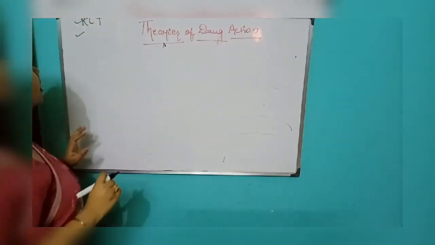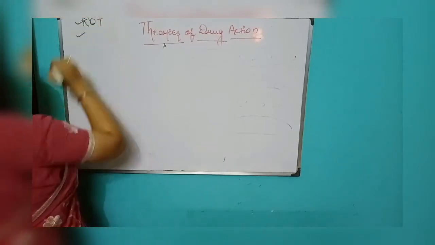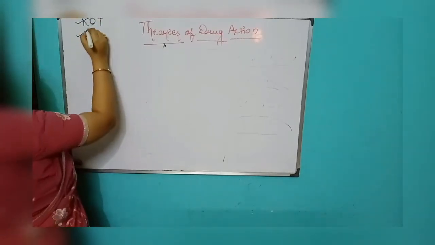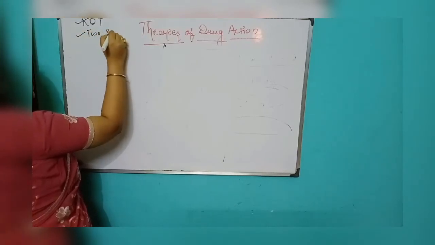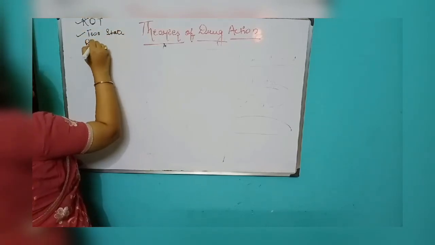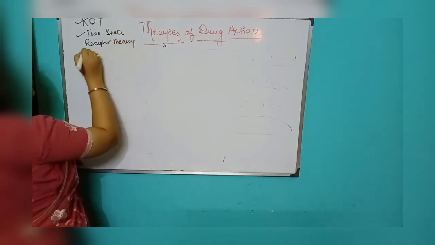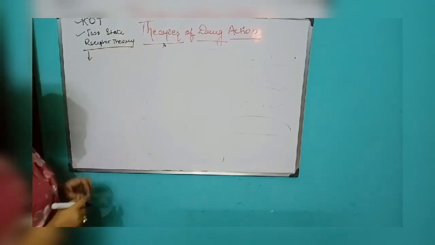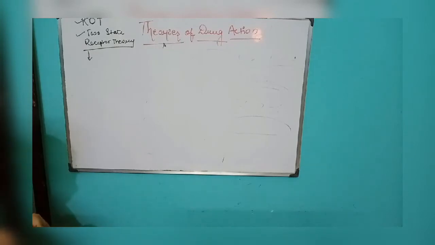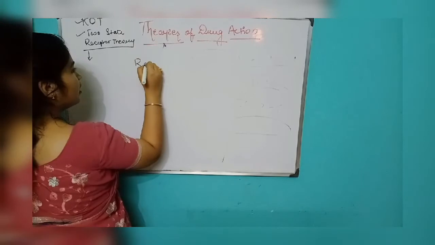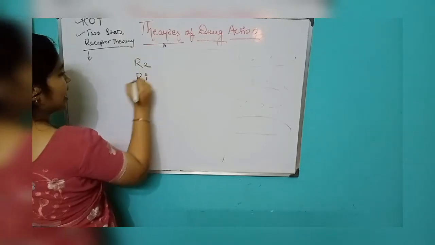Second is your two-state receptor theory. What is your two-state receptor theory? There are two things over here. One is RA and one is RI.